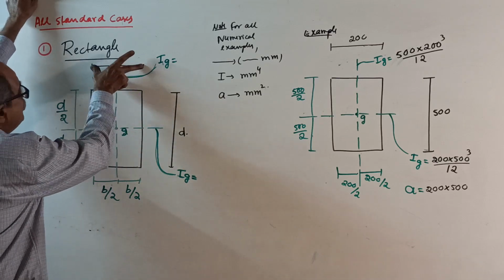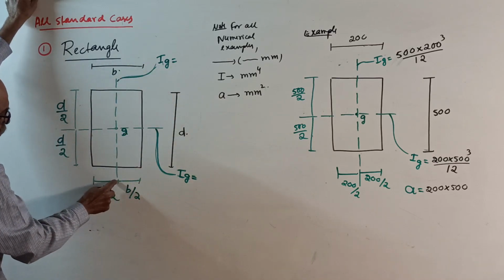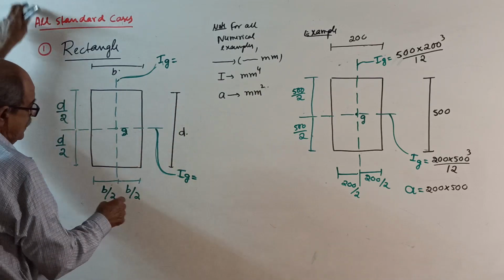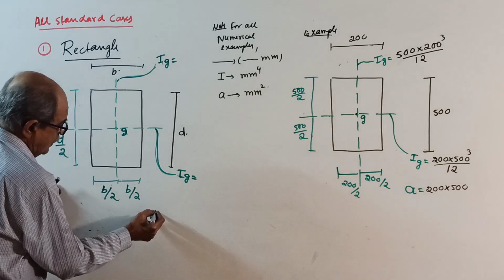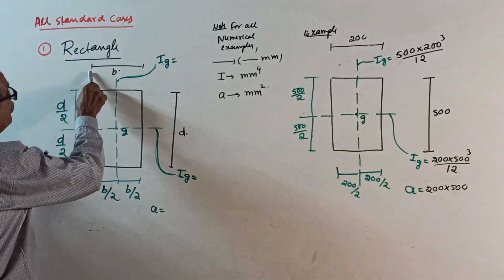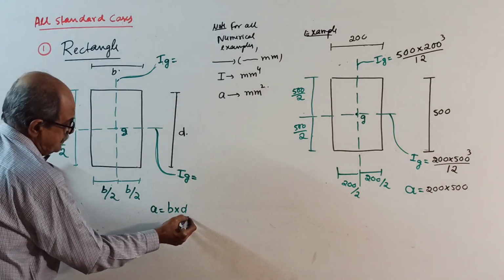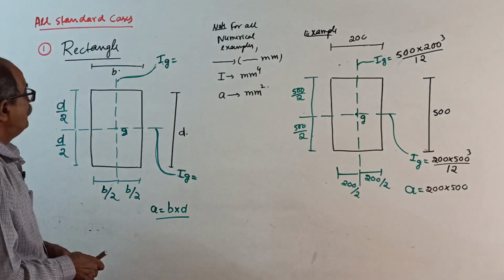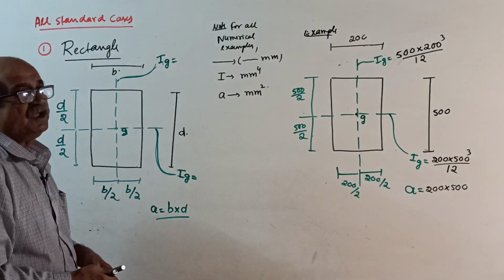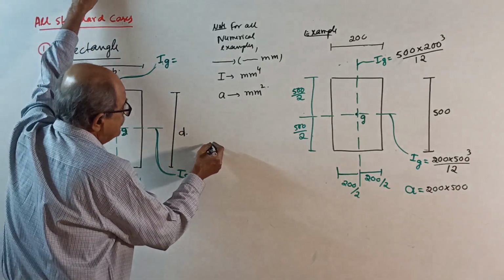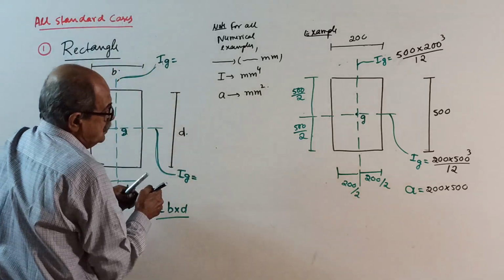If this is B, B by 2, B by 2. If this is D, D by 2, D by 2. And if you want area, it is breadth into depth, or multiplication of the two sides, B into D. Okay, now, moment of inertia you require. Remember, write in words.